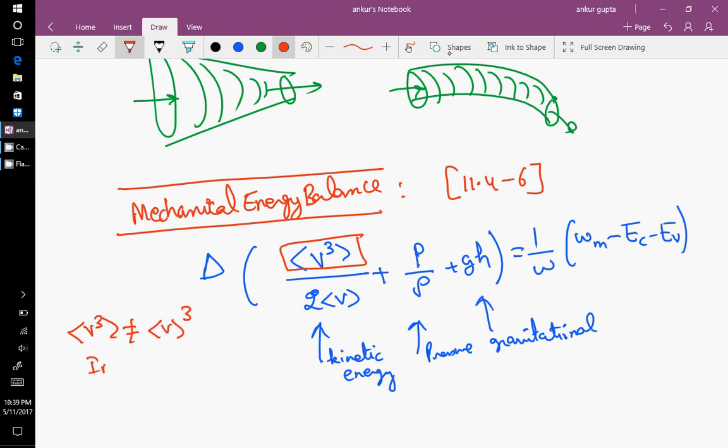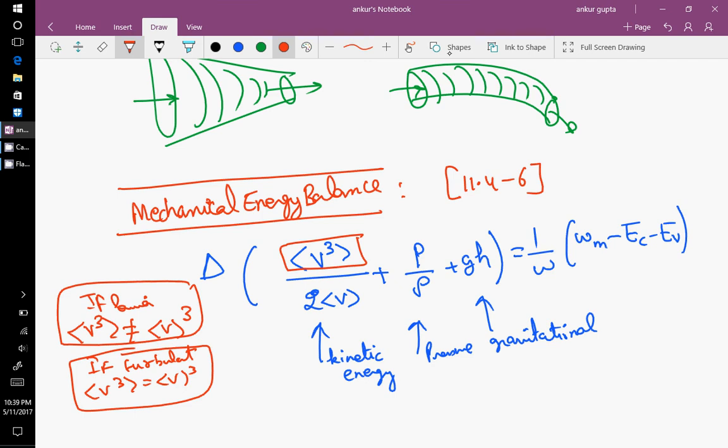If turbulent, you can assume mean of V cube to be V cube. So if laminar, this is the case, if turbulent, this is the case. Okay. So for the purpose of this video we will assume the flow to be turbulent and just assume this.